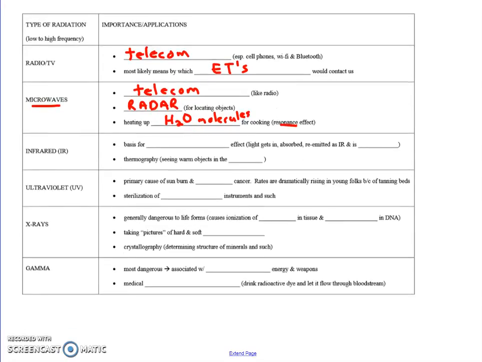Next, infrared radiation. If you're wondering, oh no, I haven't got there yet, we've skipped ahead. Infrared is the basis for the greenhouse effect, which will be very important later on in the year. In very simple terms, visible light gets into the atmosphere and is absorbed by the Earth. Because the Earth warms up, as I alluded to in the previous video, it will give off radiation, and the radiation the Earth emits is infrared.